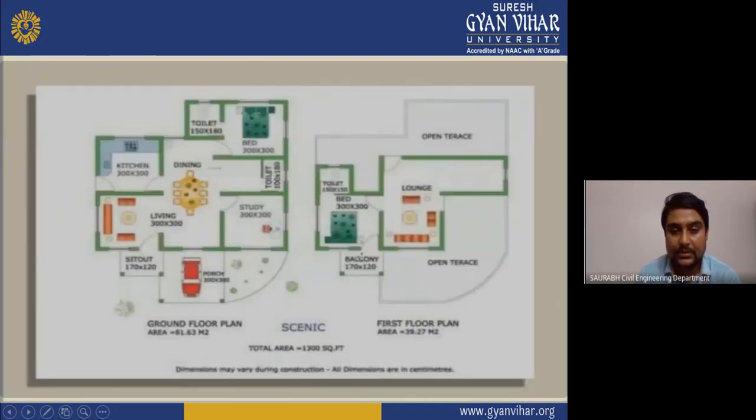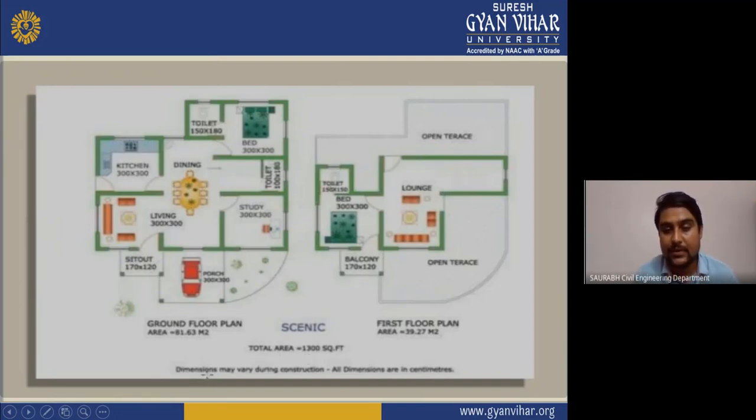And this is your dimension. This is also your total area, showing how to calculate the total area of the typical floor plan. As you can see, this is your dining room, kitchen, and toilet, and this is your total area, which is equal to 1300 square feet.